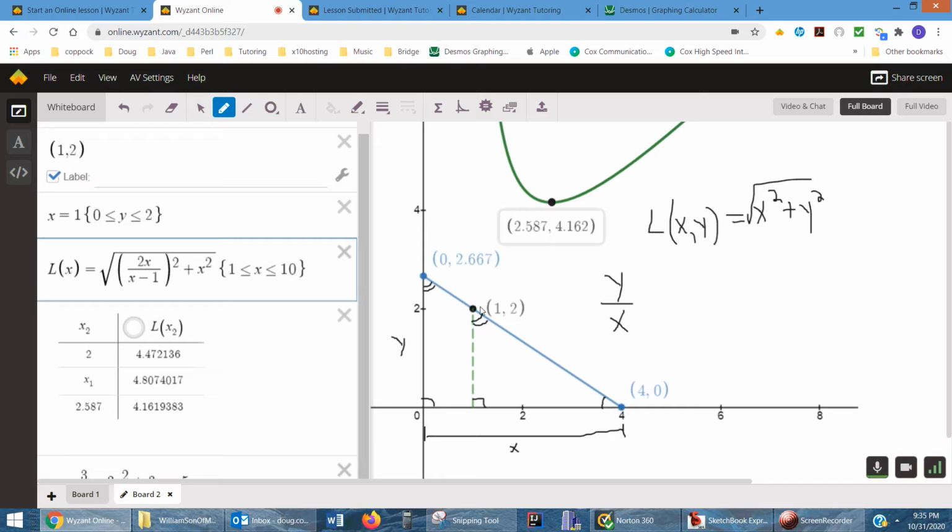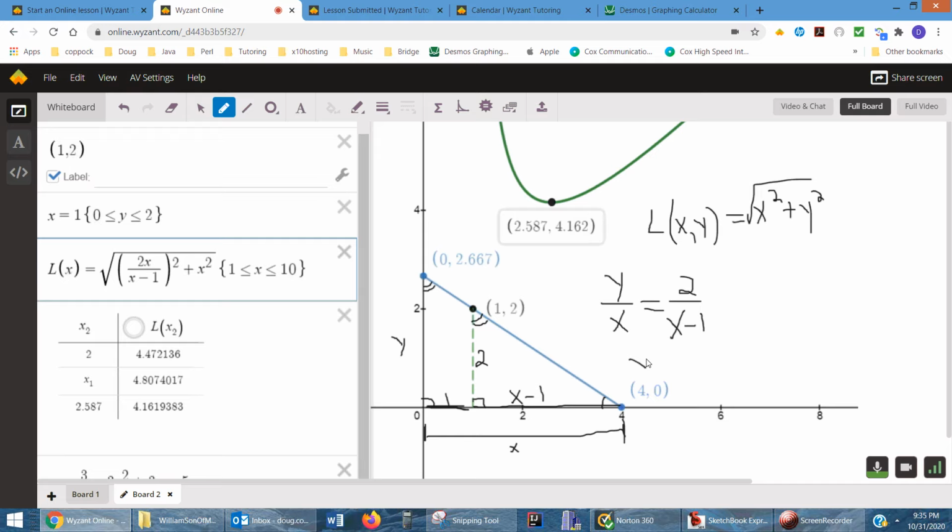Now how can we represent those distances? Well, this distance is always 2, because that's the y coordinate of the point that we're always going through. This distance right here is the total distance, x, take away this little distance right here, which is a 1, because we're going out to the point (1, 2). So this distance is x minus 1. So y is to x in the big triangle as 2 is to x minus 1.